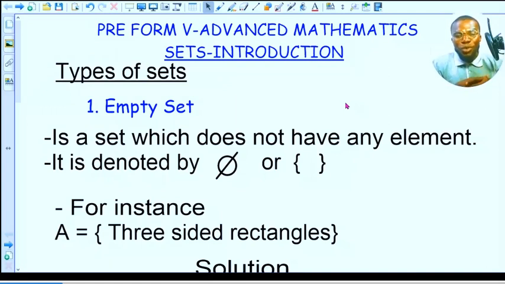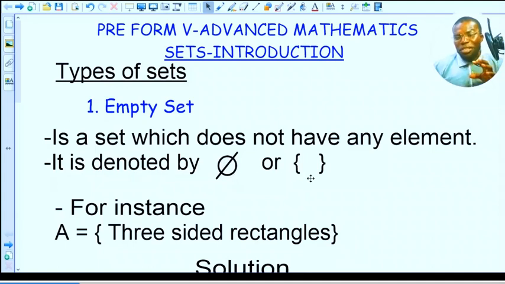Now, according to the Advanced Mathematics book published by TIE, Tanzania Institute of Education, a set which does not have any elements inside the curly brackets is an empty set, and it is normally denoted by this symbol.